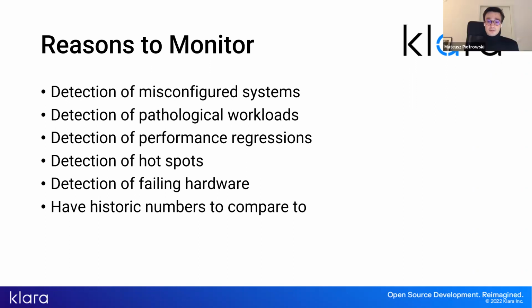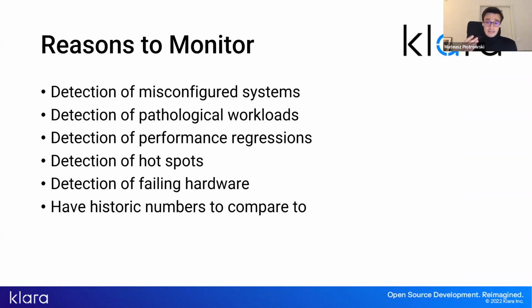And then if you observe your systems over a long period of time, you can also detect performance regressions. So maybe after an upgrade of your application or the whole operating system, everything is slower. And if you have the historical data of how your system performed and how different bits of ZFS performed, you can try to understand what happened.